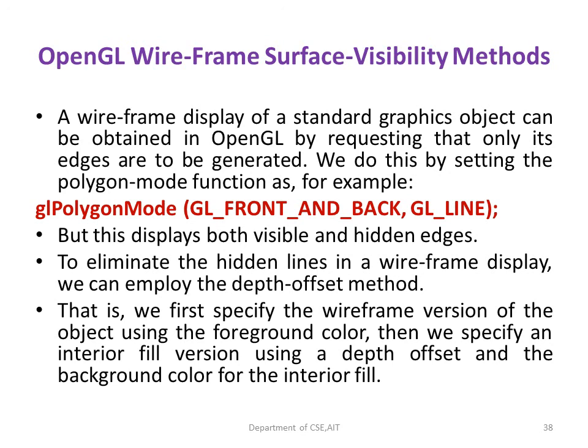That is one advantage. If I want to eliminate the hidden lines in the wireframe, then I can go for the depth offset method. We specify the wireframe version of the object using the foreground color first, and then I specify the interior fill version using a depth offset and the background color for the interior fill.